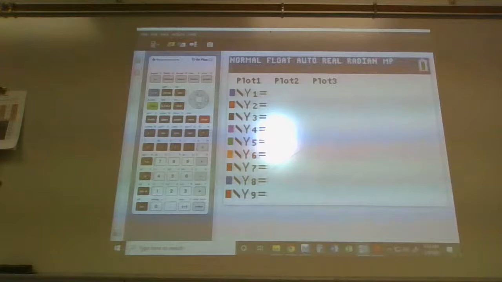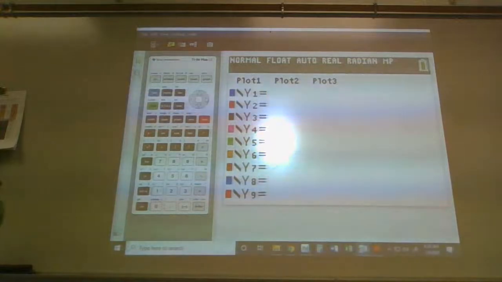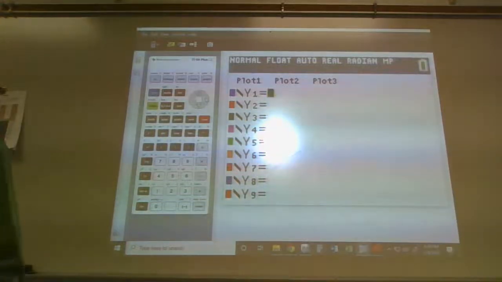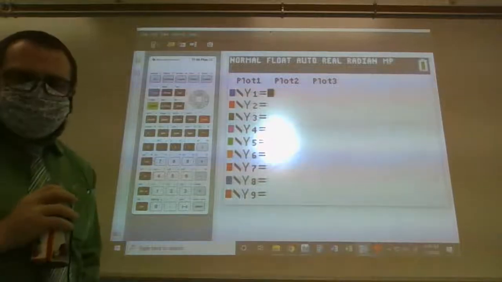So for example, I'm looking at something like number 2, and I want to go into the details of number 2. I'm on the 6.3 worksheet, and I'm looking at number 2. They're asking for you to graph this particular thing.